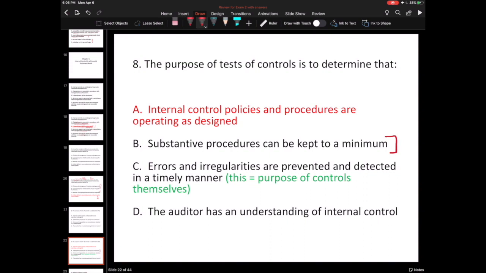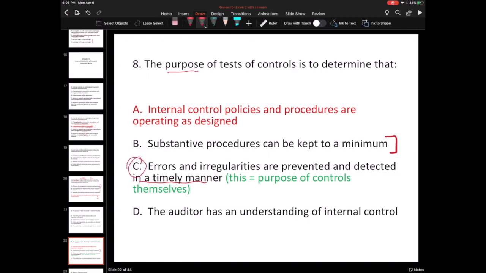If controls are effective, then we can have fewer substantive procedures, but it's not the purpose of TOC. And errors and irregularities being prevented and detected in a timely manner, that's really the purpose of controls, not the purpose of test of controls.